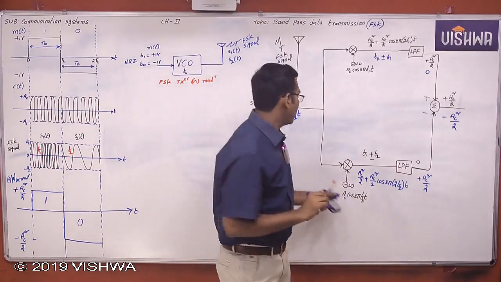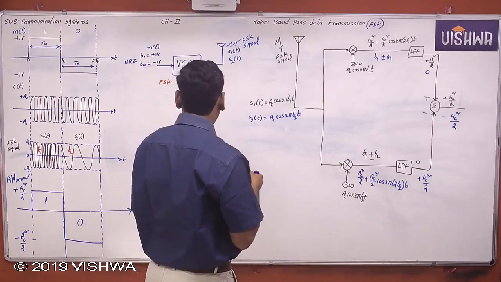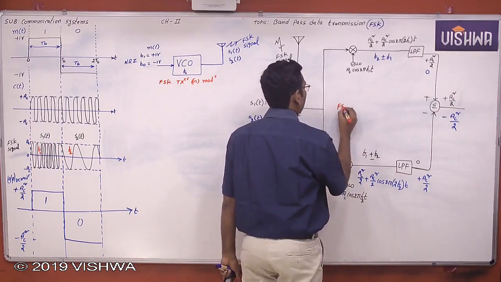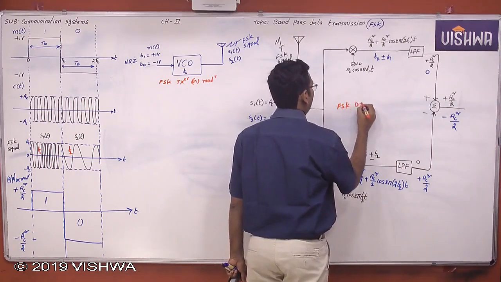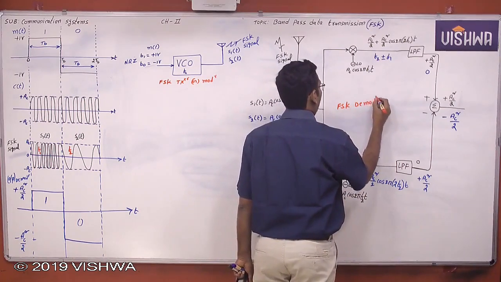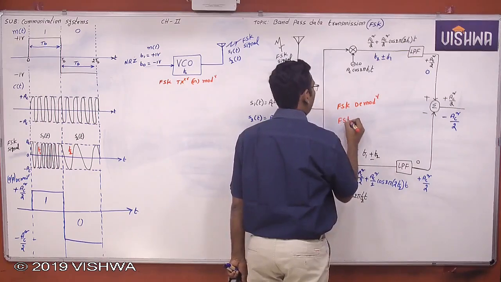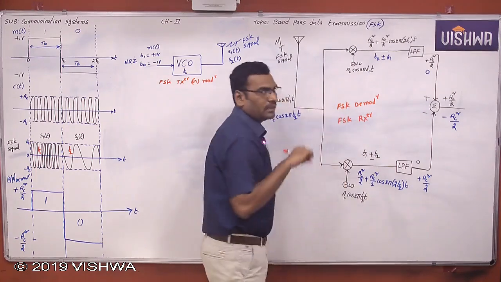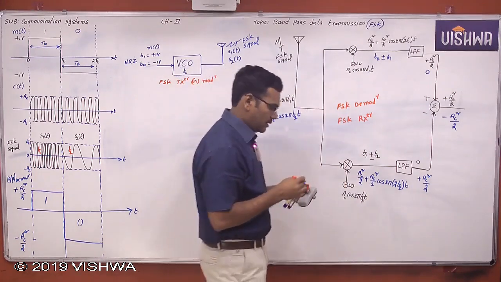Okay, this is the FSK transmitter or FSK modulator, and this is the FSK demodulator or FSK receiver. This type of demodulation technique is called a coherent detector. Okay, no doubt.